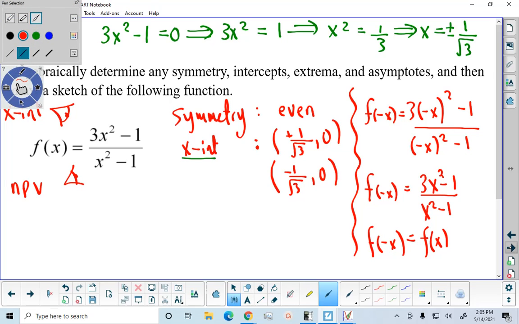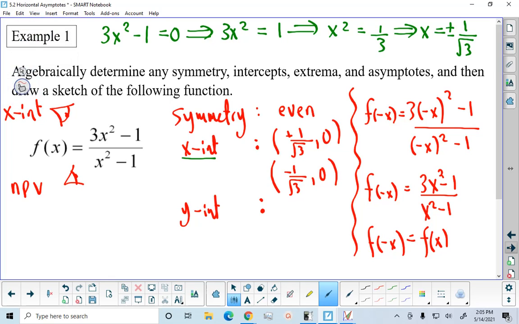But the y-intercept? Well, the y-intercept is found by putting 0 in for x in the function. And I'm really not going to show that work here. I will basically temporarily animate this function for you. If I put 0 in for x, 3 times 0 squared is nothing. 0 squared is nothing.